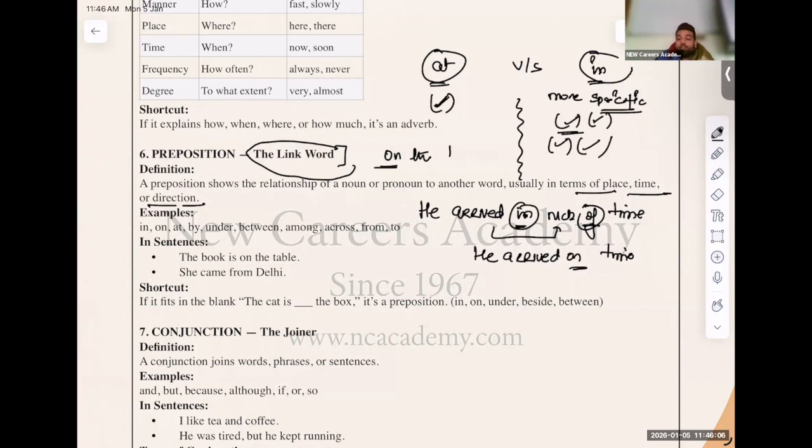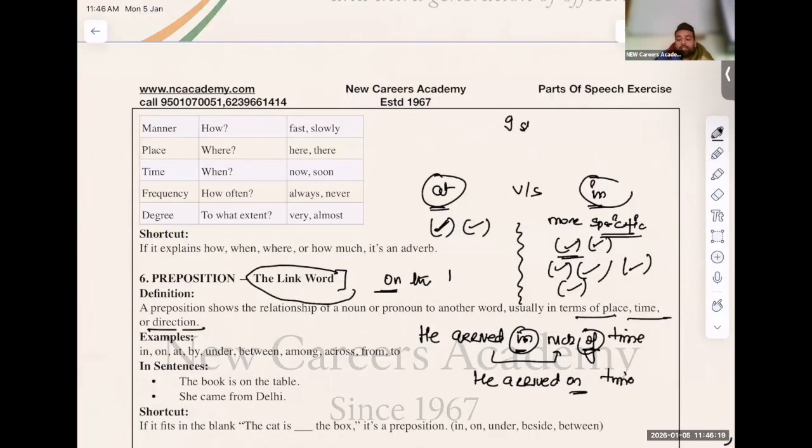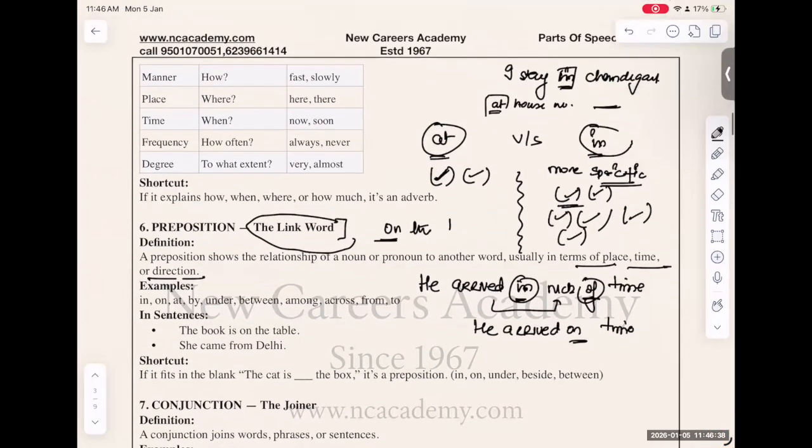So still, give me an in. I stay in Chandigarh. At house number so and so. What's more specific? House number. At is more specific, right? So yes, at is more specific.